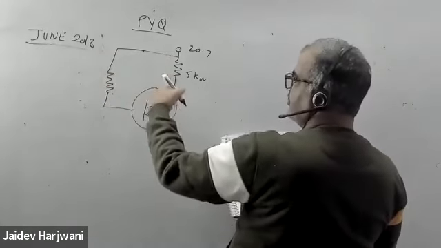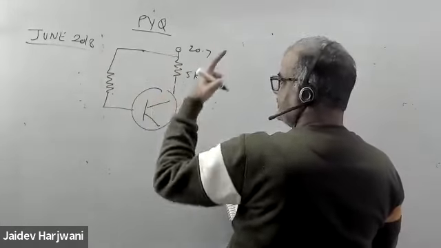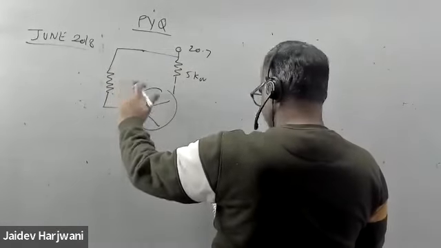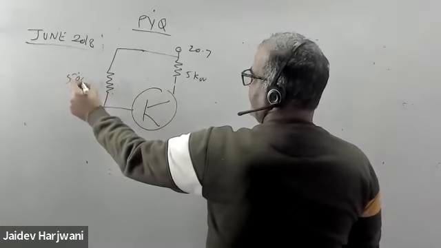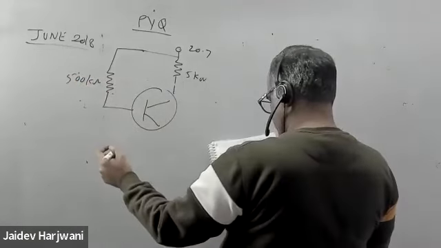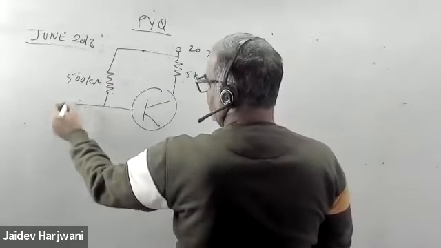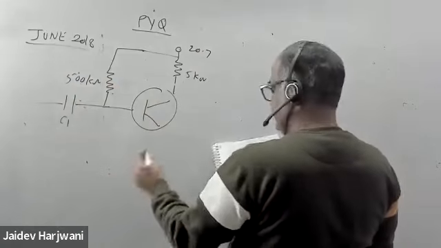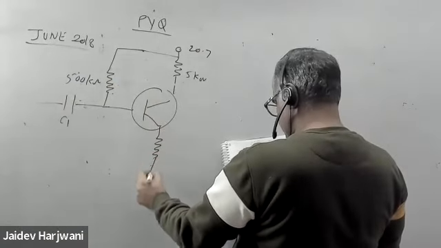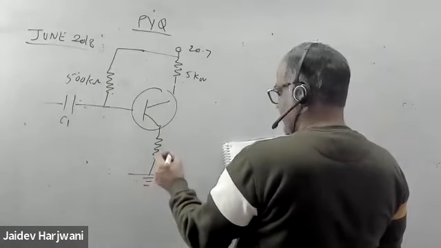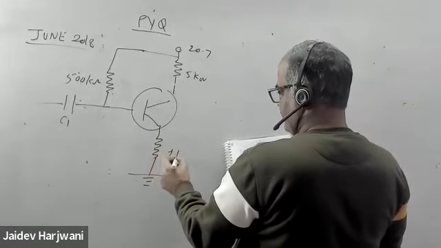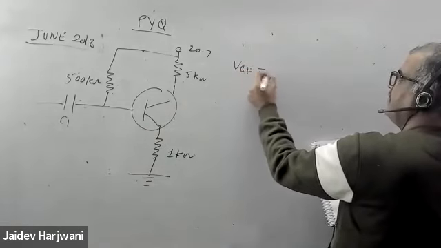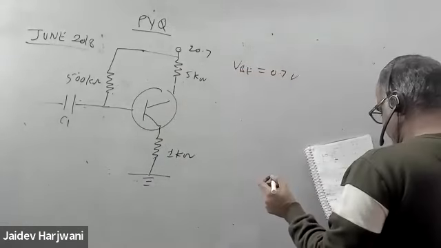You need to make sure whether it is connected from here or from there, so you should keep that in mind when you are writing. And they are giving 500 kilo, and here they put one capacitor C1, and here again you have the same RE value, 1 kilo. VBE they have given as 0.7 volt.